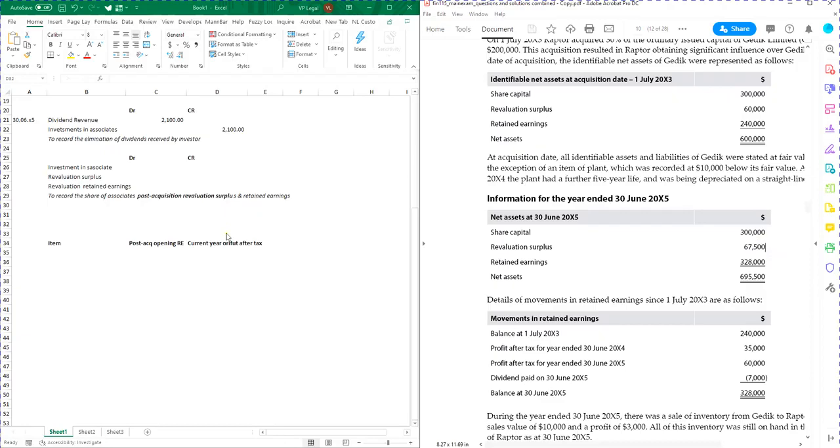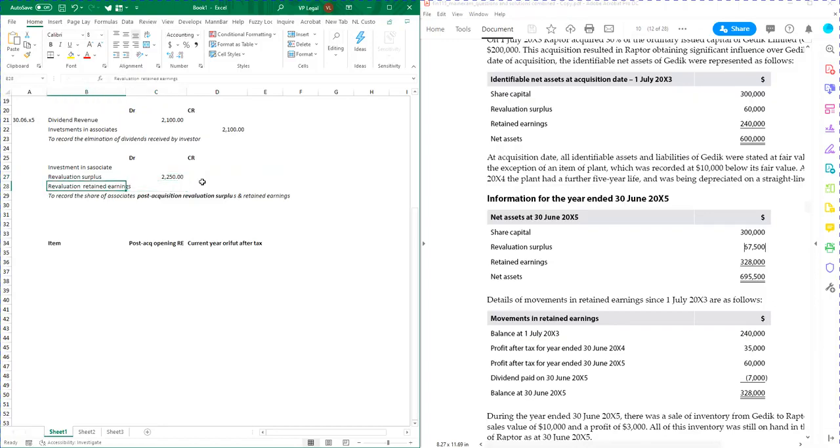So the post-acquisition component would be the difference of the two, $7,500. But of course, we also need to multiply that by our ownership percentage, so that's going to be $2,250. Oh, and by the way, the debit is because a surplus is usually in an equity account, so it's a credit. We're reversing it out, so therefore it's a debit.